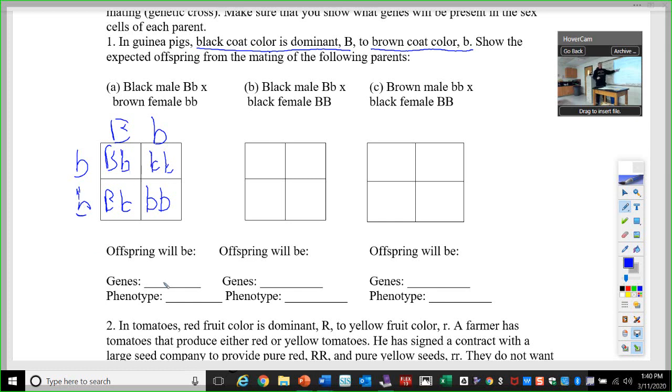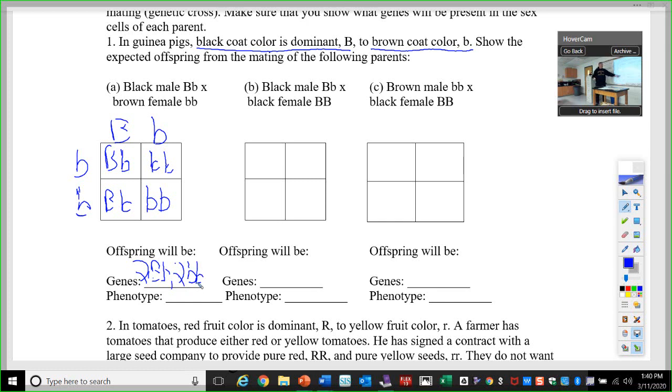So, big B, little b. How many of them do we have here? 2. Little b, little b. Make sure your finger's not hitting the buttons. What's my phenotypic ratio?